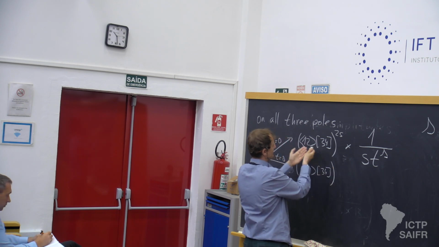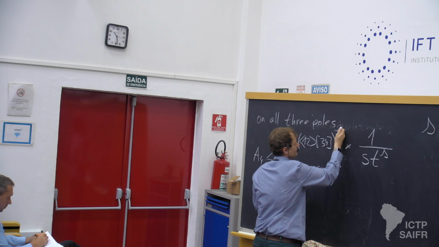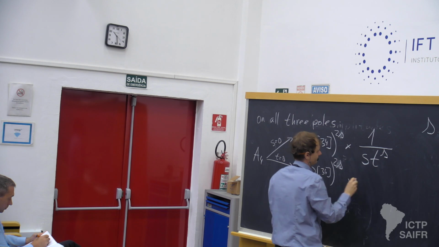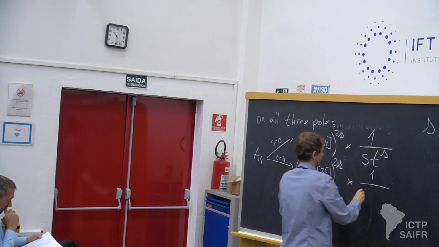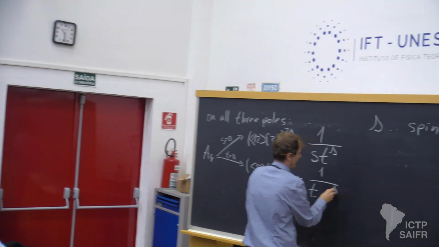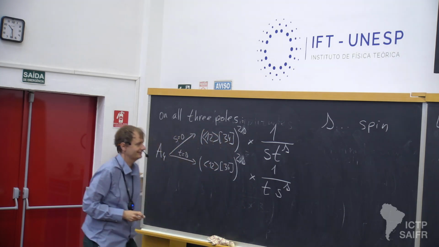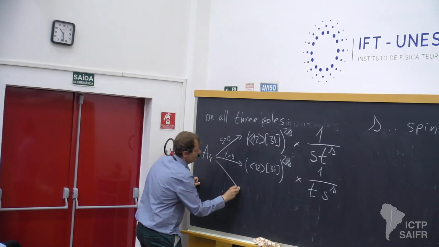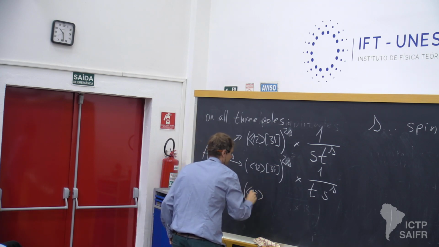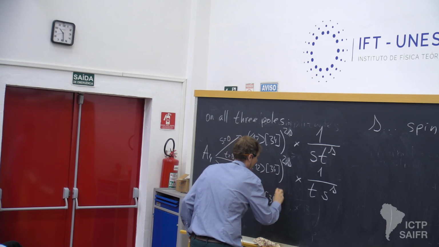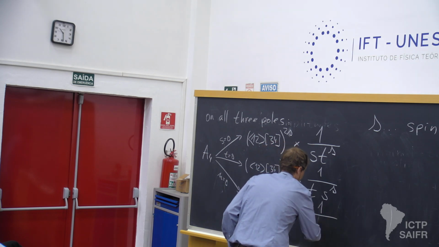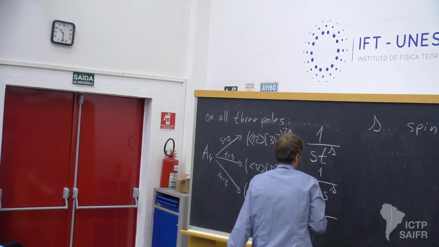This factor which carries helicity will be the same. So in this logic, we put this new S here, and this will be S to the S. And the U equals 0 will have the same prefactor, multiplied by 1 over U times T to the S.